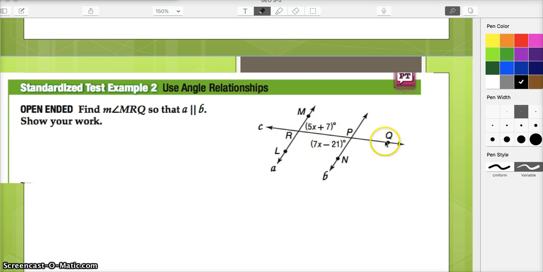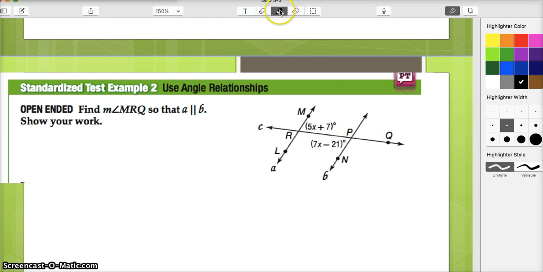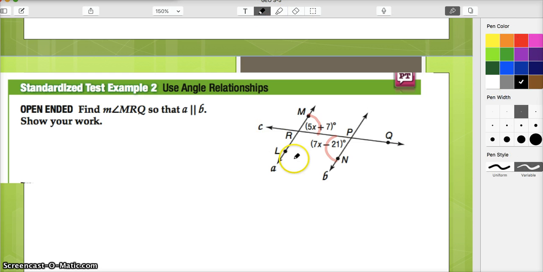This angle here and this angle here are alternate interior angles, and alternate interior angles are supposed to be congruent if the lines are parallel. So we need to set the measurements equal to one another. That's what will ensure parallel lines. Then I'll solve for x and figure out what MRQ is.